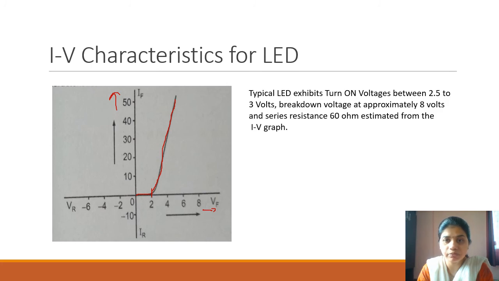The turn on voltage is between 2.5 to 3 volt in the case of an LED, and the series resistance can be estimated from this graph by taking any one point.